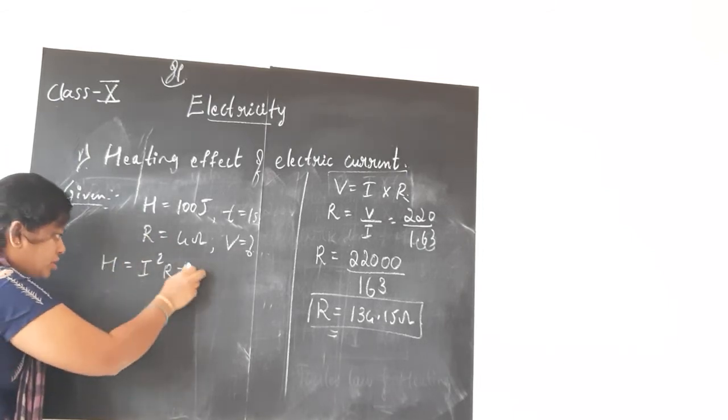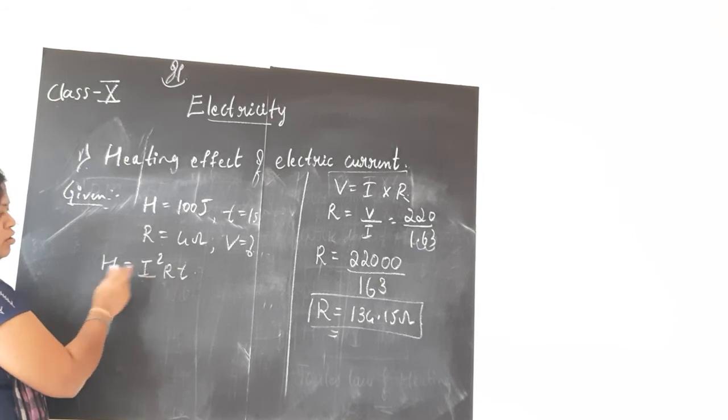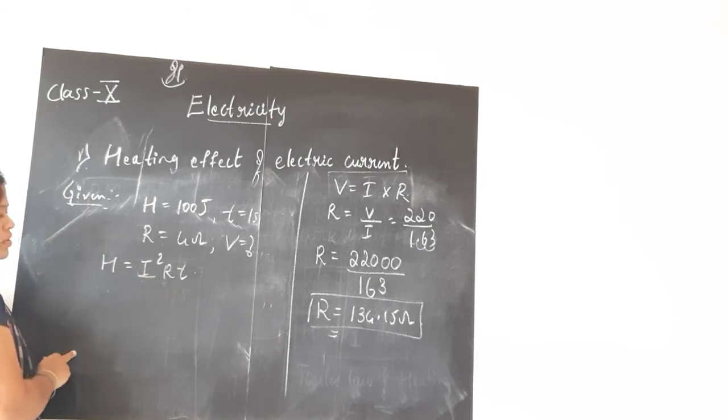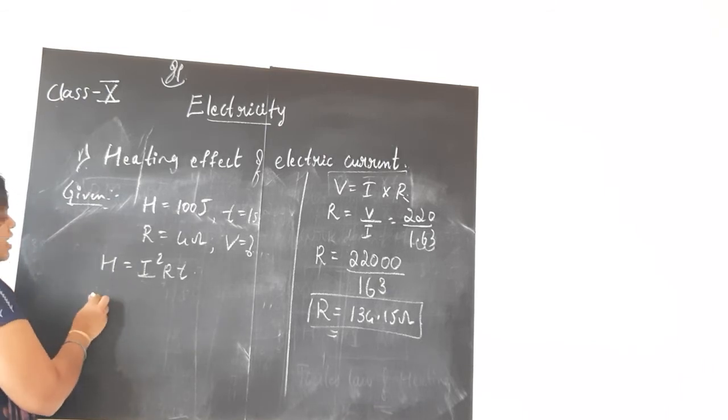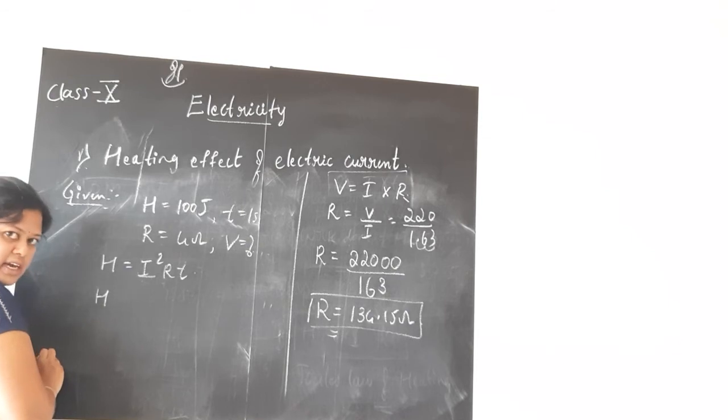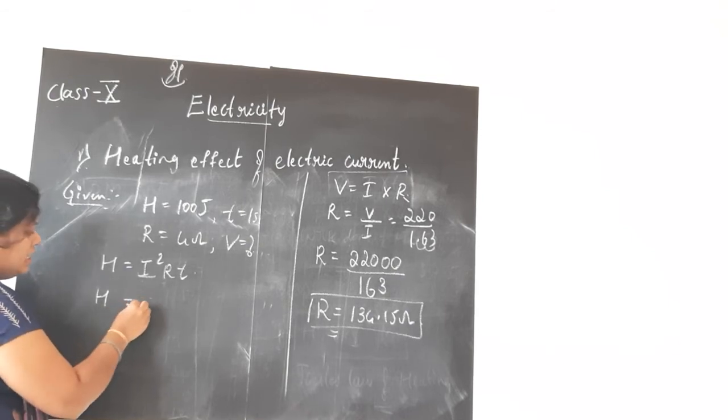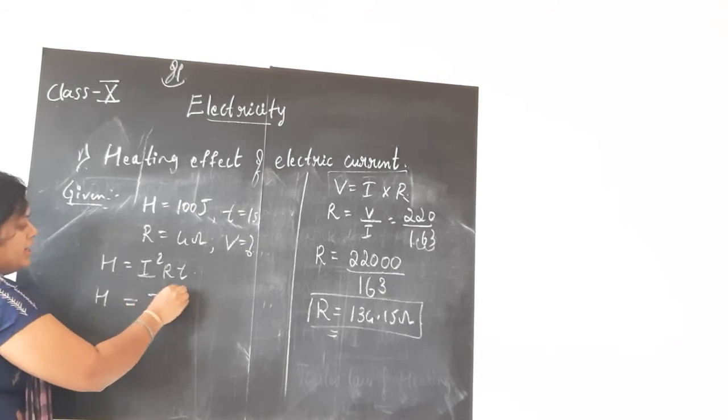Before substituting, we always keep the unknown quantity on the LHS. To do that, children, here square is there, so be careful when you do this transformation in the formula. LHS H I will write as it is, equal to I square as it is.